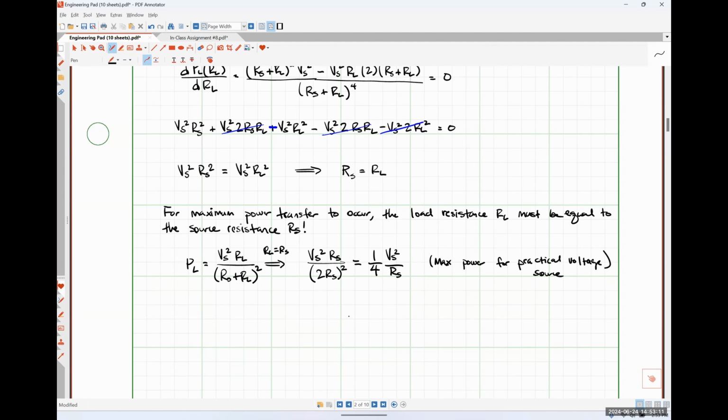So for a practical current source, this is going to be 1/4. VS is going to be replaced by IS RS. And so my IS is going to be squared. And so this is going to look like simply 1/4 IS squared times RS.